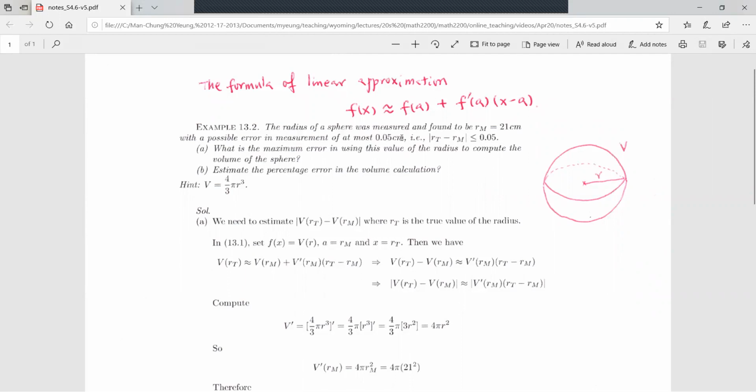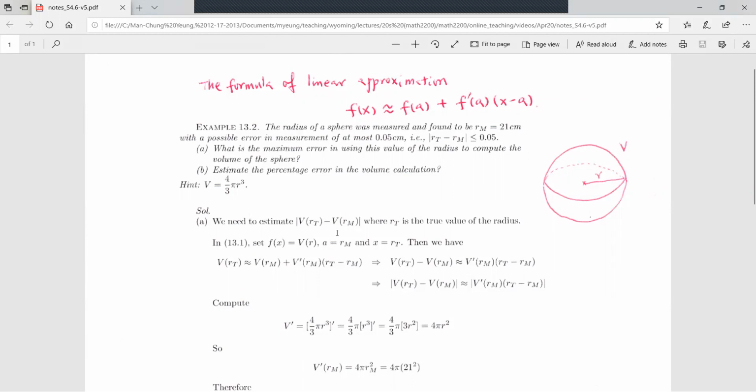Now we have two questions. Question A, what is the maximum error in using this value 21 of the radius to compute the volume of the sphere? That means that we need to estimate the difference between the volume computed by Rm and the volume computed by the true value of the radius, which is the exact value of the volume.